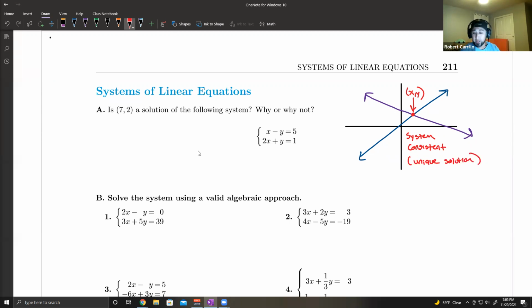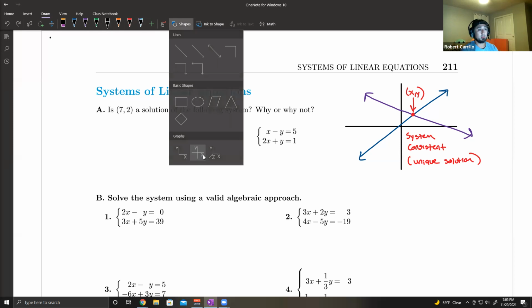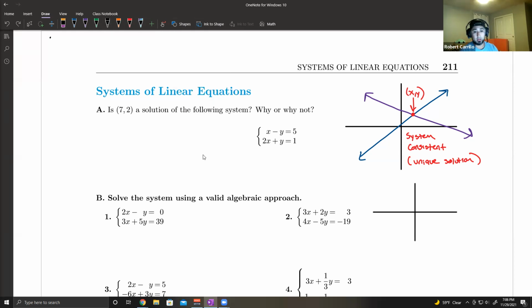If our lines do not intersect, let's show what that looks like. I get another graph, and let's say I have a line that looks like this, and a line that looks like that.